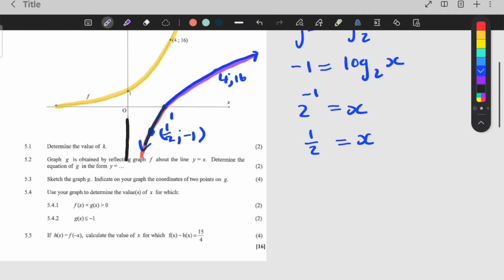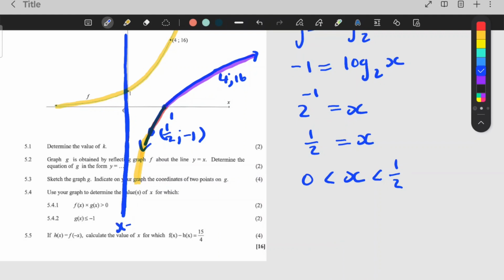Now the question is, for which values of x is this graph below negative 1? From here onwards. But remember, there's a line here. This y-axis, the graph will never cross this line. My final answer is, it is where x is less than half, but it is also where x is greater than 0, because on this line, x is 0.